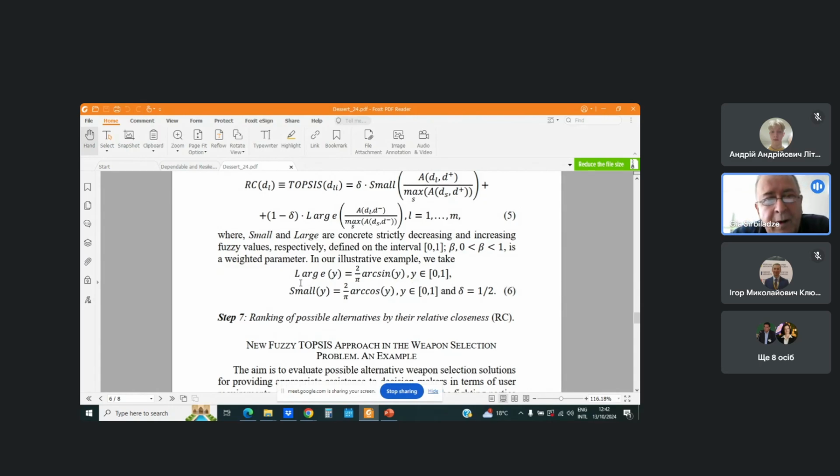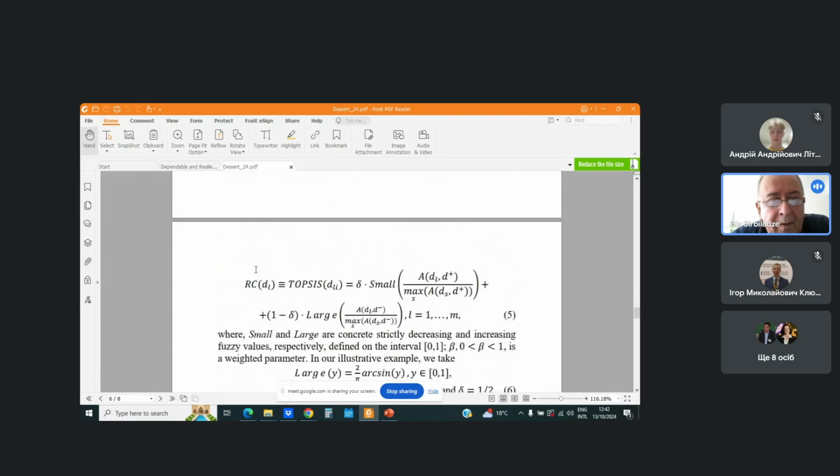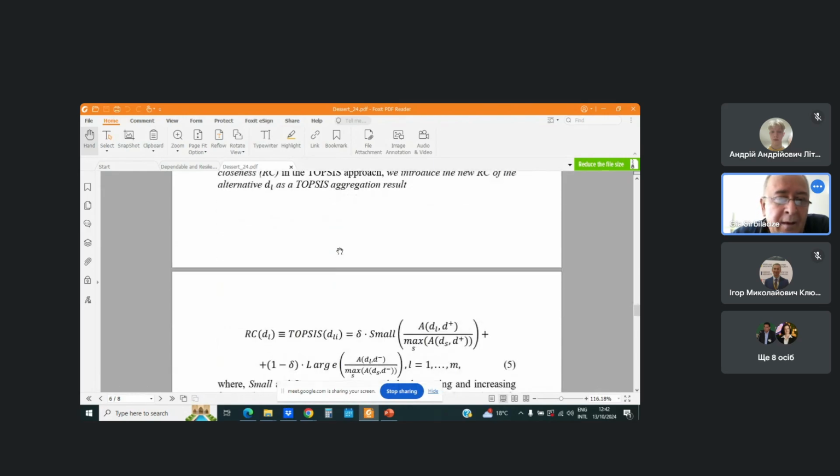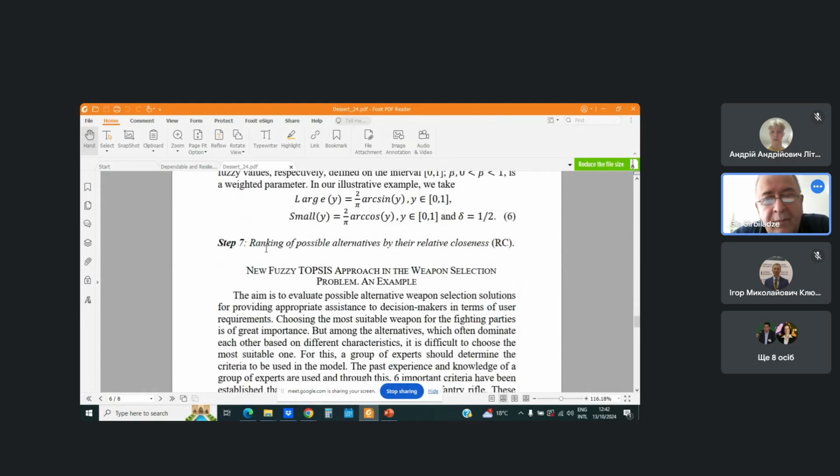So if we have calculated the relative closeness, we have the final step, to rank all possible alternatives by their relative closeness. The greater the relative closeness, the better our alternative. So this is the algorithm.